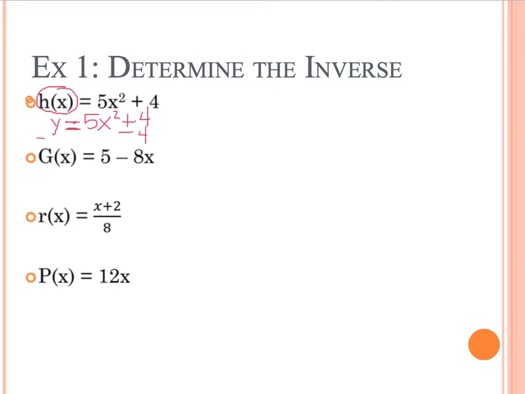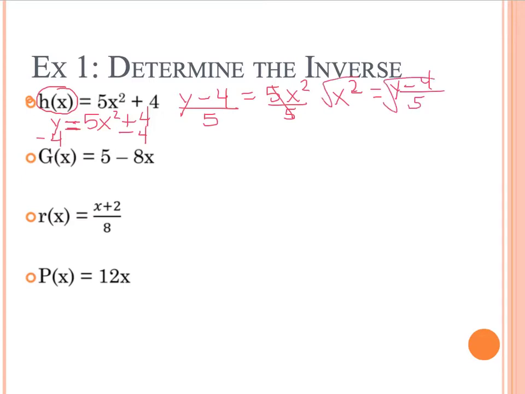My steps said solve for y, or x, so I'm going to subtract 4 from both sides. y minus 4 equals 5x squared. Divide both sides by 5. x squared equals y minus 4 divided by 5. And then take the square root of both sides. x equals the square root of y minus 4 over 5.